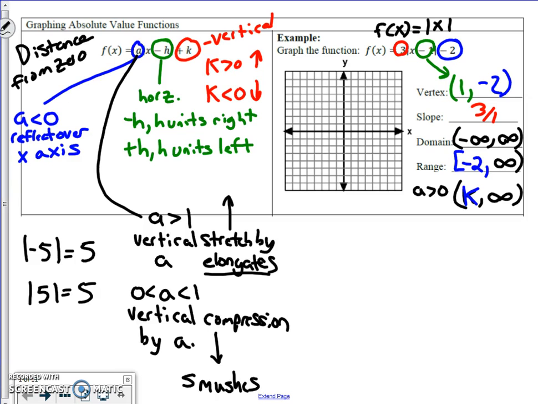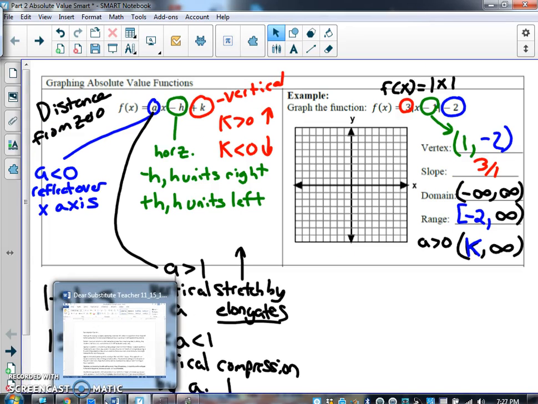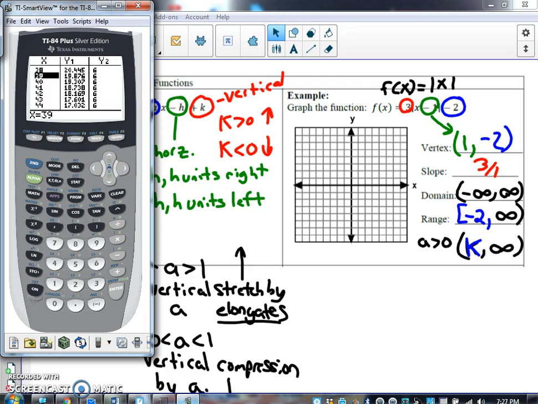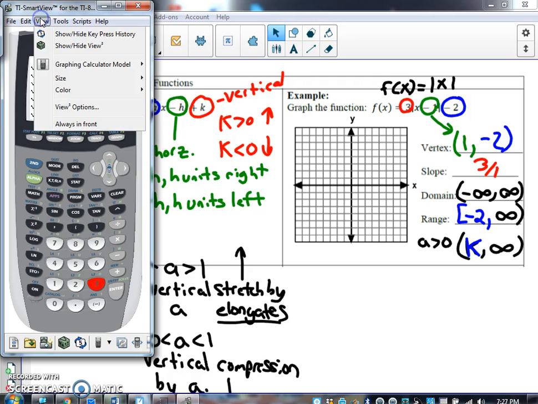All right. To graph this, I'm going to bring up my calculator. I'm going to go to y equals. I'm going to clear anything that's in it. I'm going to type in 3 for my a value, and I'll show the keystrokes here.